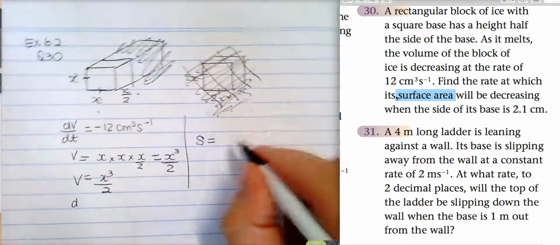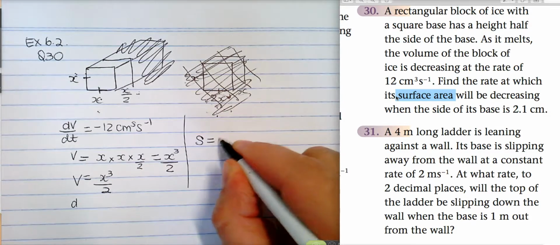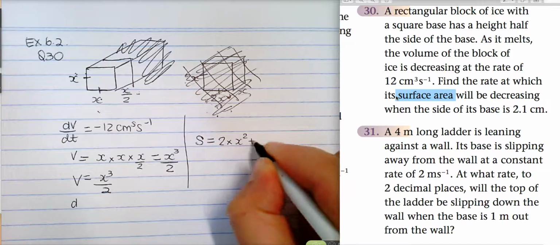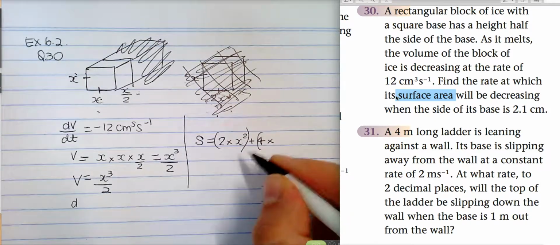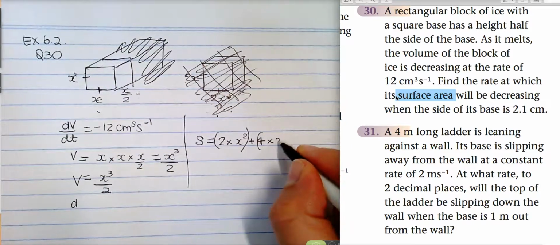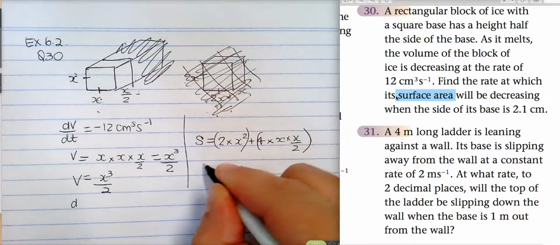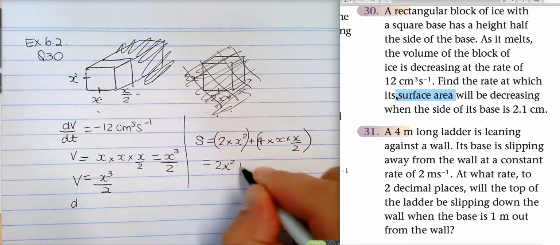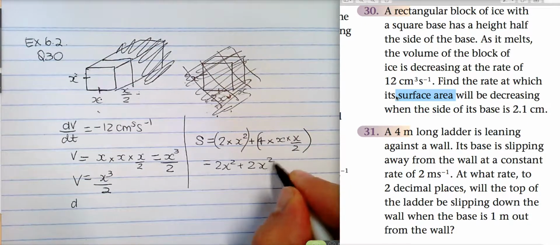What's surface area? Surface area is 2 times x squared, 2 lots of the x squared plus 4 lots of those side ones. 4 times x times x on 2. So it's 2x squared plus 4x squared on 2, which is just another 2x squared.